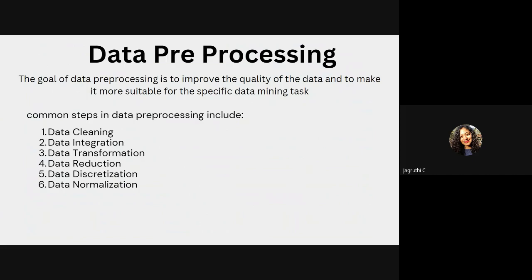And data discretization and data normalization, I think these are not that important. What I mean by discretization, normalization, is that they are a couple of other standardization formats which are very much important.